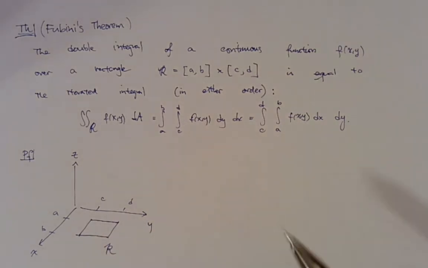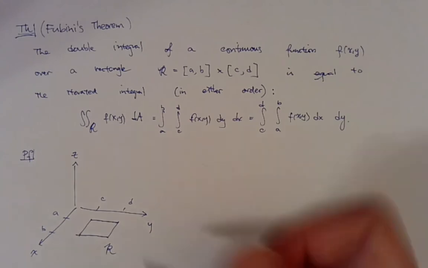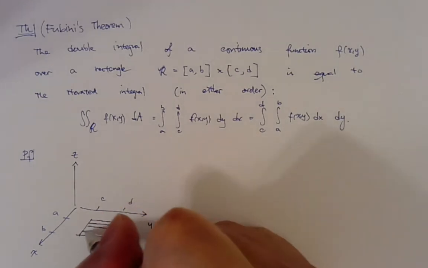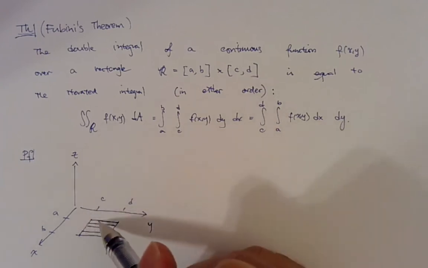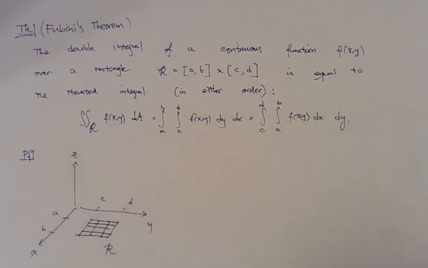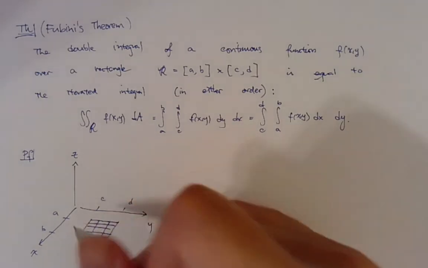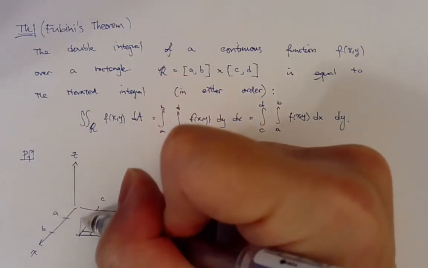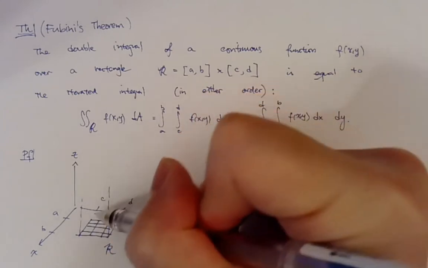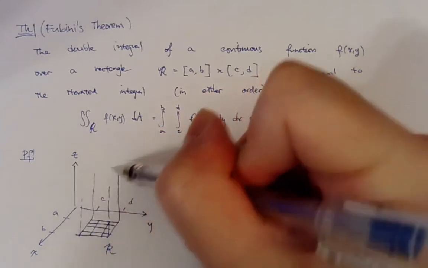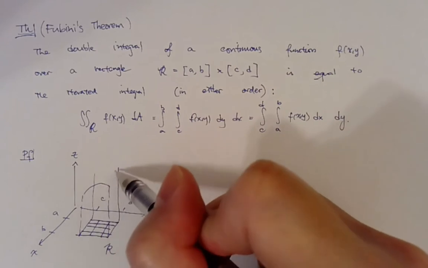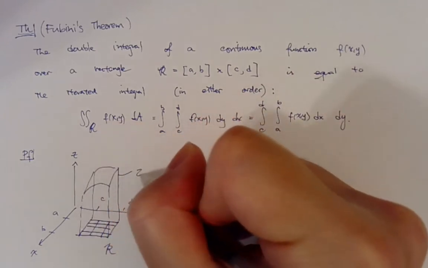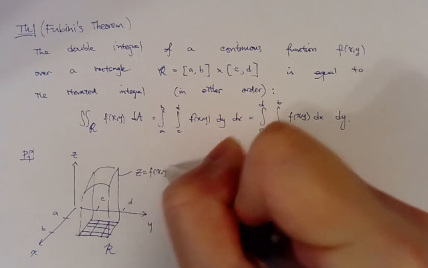And then the double integral is defined where we slice it up into a lot of little pieces, and we'll slice it in both directions into many pieces. For each one, we can sample at one point and then get some kind of surface going up right there. Maybe the surface looks like that. That surface is z equals f of x comma y.